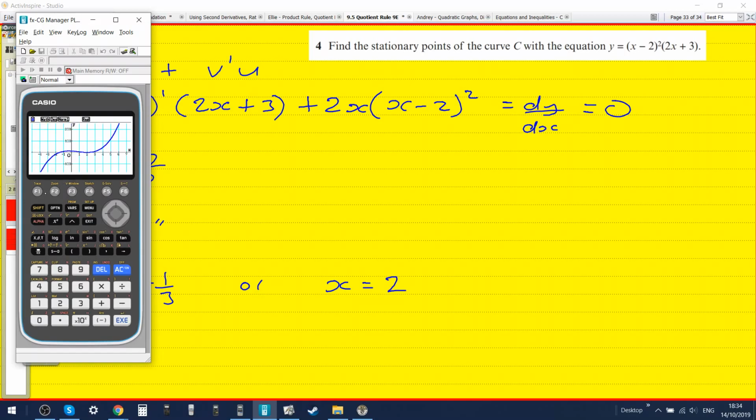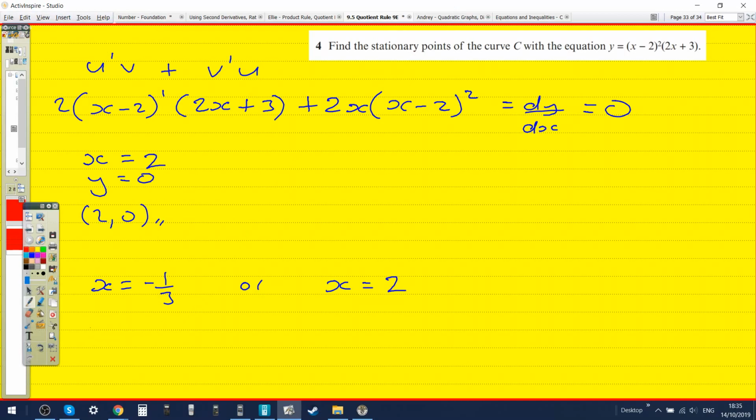Then find the maximum and y-intercept, press F6. So it can find the roots. Oh, it can find the max and the min. There you go. So minus a third and 12.7, and 2 and 0. There we go. Great. Does it give points of inflection?